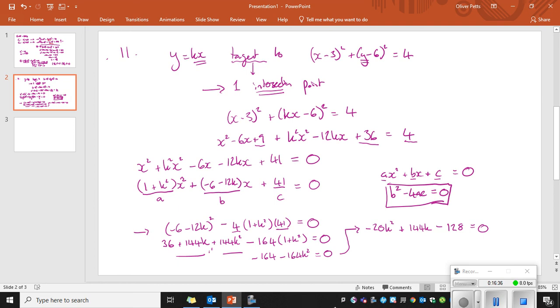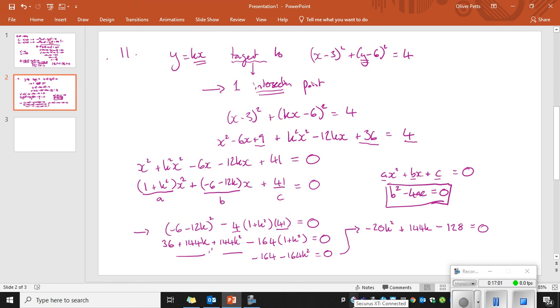So what are we looking for? Looking for an answer of 1.04 and 6.16, hopefully, after all of that.